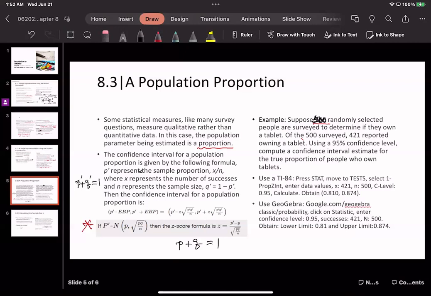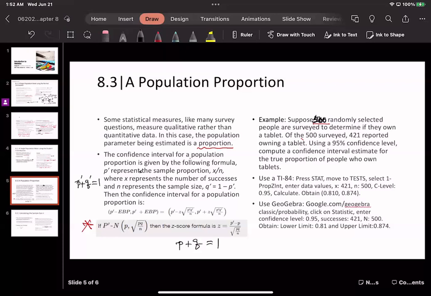Suppose 500 randomly selected people are surveyed to determine if they own a tablet. Of the 500 surveyed, 421 reported owning a tablet. Using a 95% confidence level, compute a confidence interval estimation for the true proportion of people who own tablets.